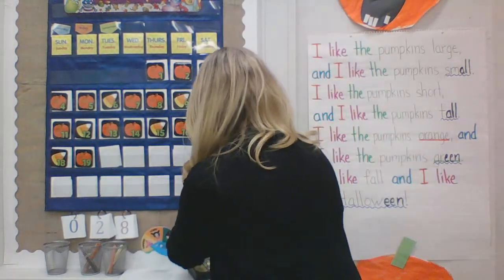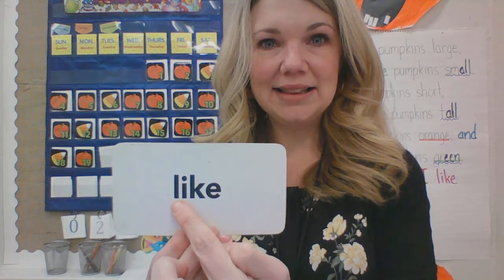All right, my friends, let's go ahead and jump in. We have some new sight words and some old sight words. So I want to go over our new and our old sight words. So let's go over the sight words that you know. Are you ready? Which word is this one? I. This is the sight word I. Yes. All right. What about this one? L-I-K-E.